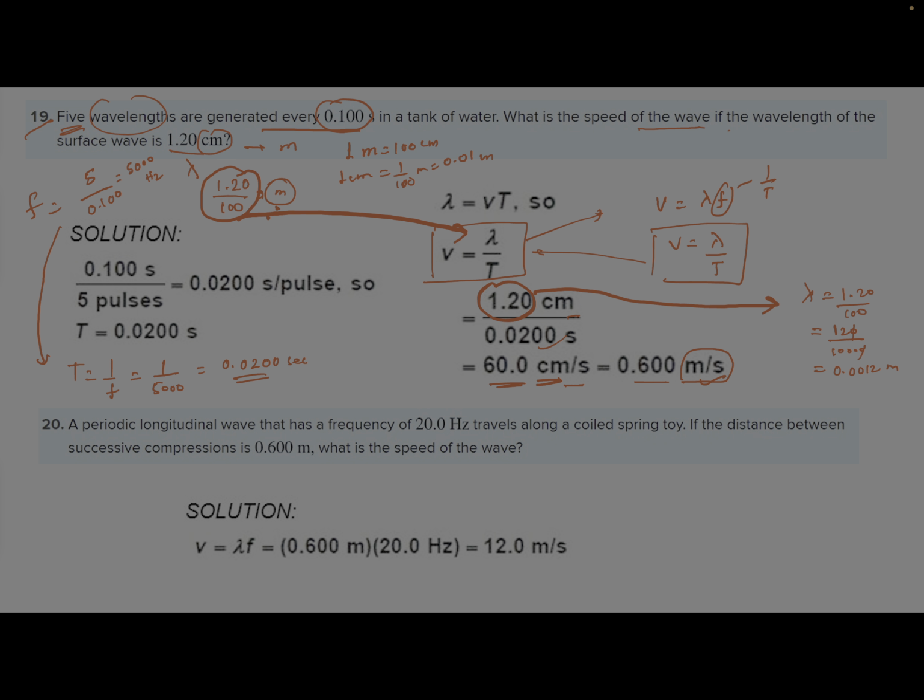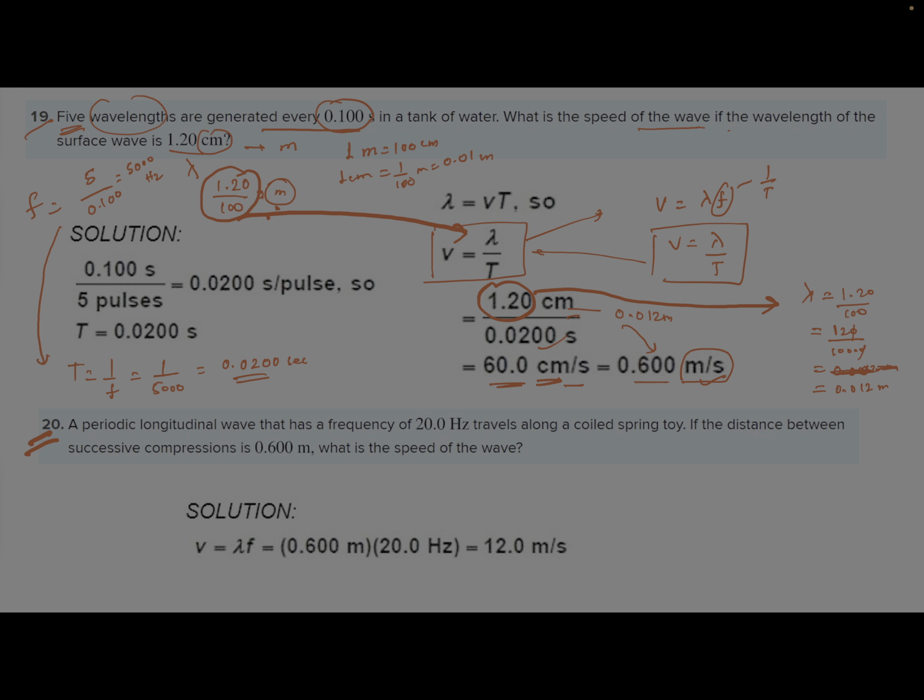Okay, so if you convert it before, it will be easy for you if you will do it. Correct? So this is how you have to proceed for this question. This will be 1000. So I think you will get only 0.012 meter. Okay, so if you put here 0.012 meter, you will get directly this answer, 0.600.